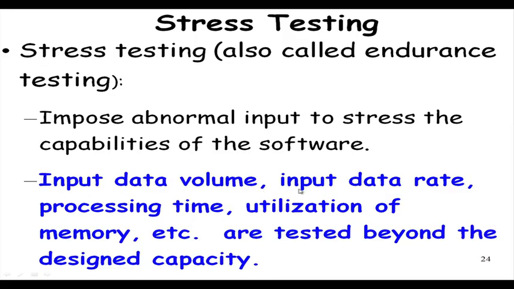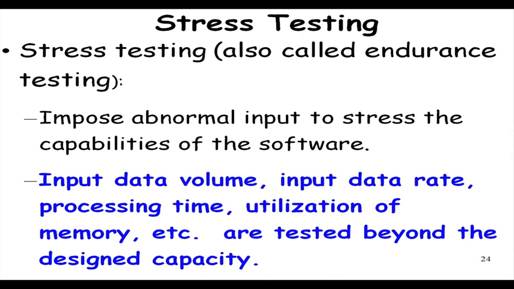Input data rate: if the data rate that the software is required to handle is 100 kilobytes per second, we might test with 110 kilobytes per second, just to check whether there is any abnormal reaction by the system. If it slightly exceeds the specified data rate, does the system crash? Does it behave very unacceptably?